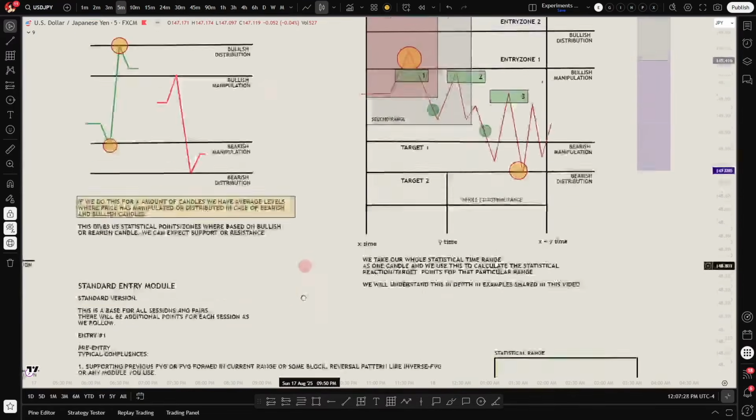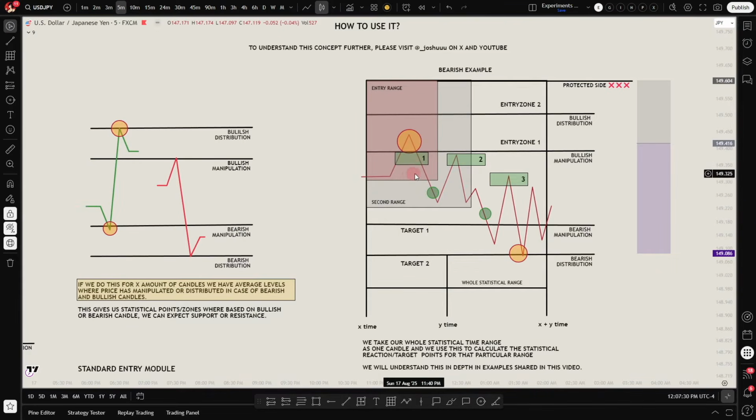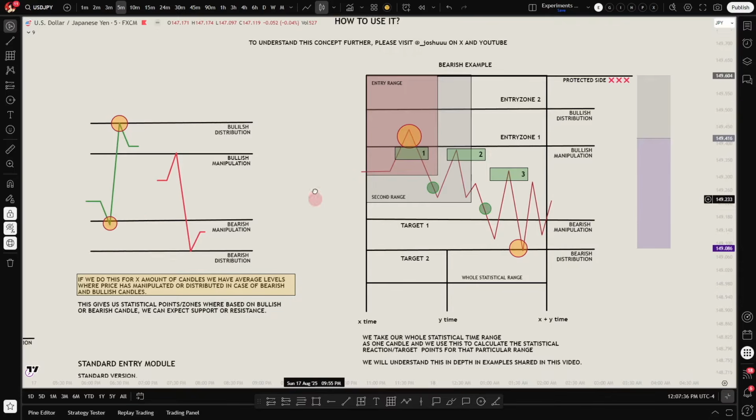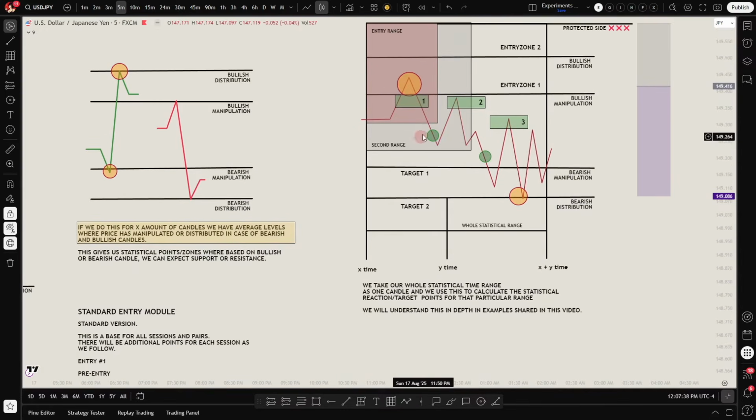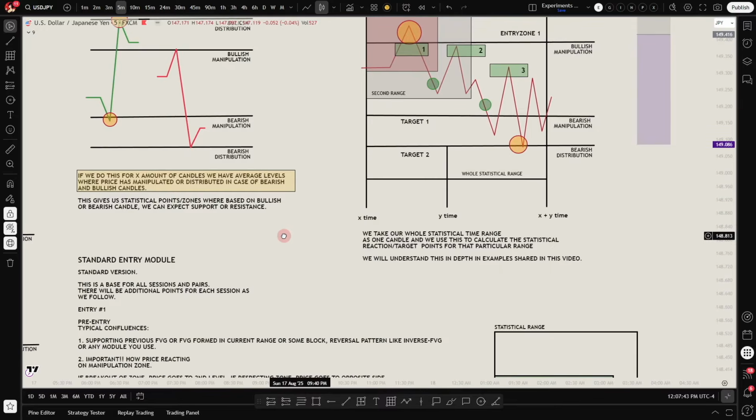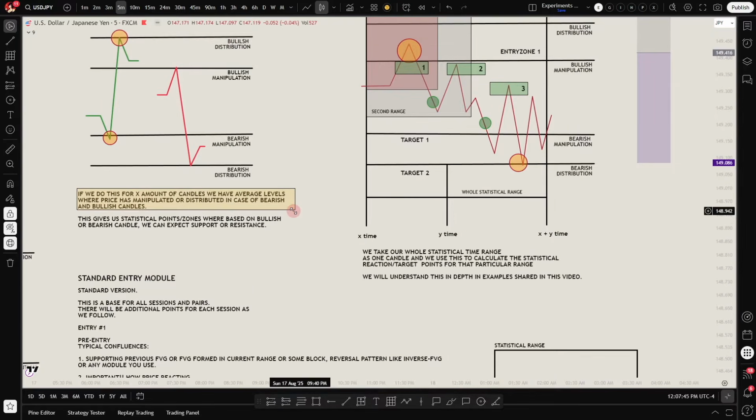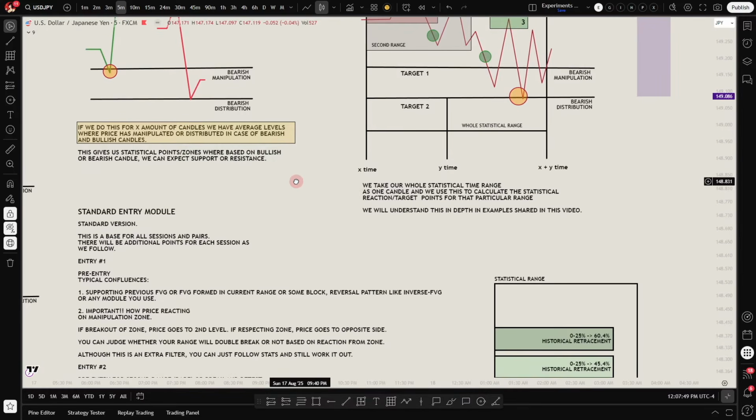Typical confluences include previous fair value gaps, FVGs, FVGs forming in the current price range, and reversal patterns such as inverse FVGs, value gaps, or any other module that aligns with your trading style. The key factor here is how price reacts to the manipulation level of the session range.